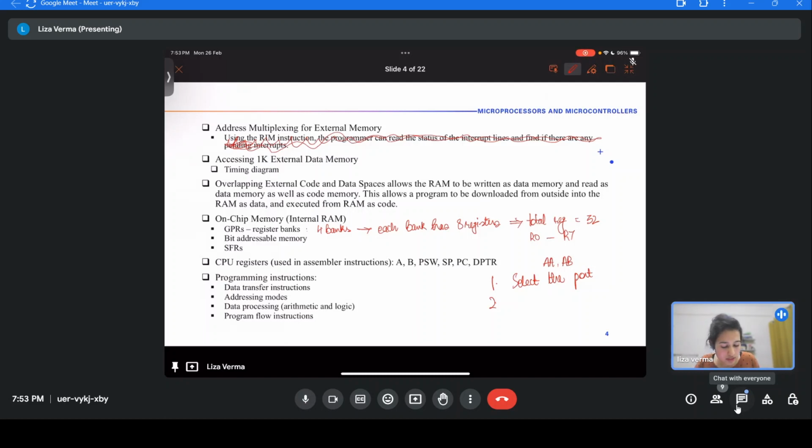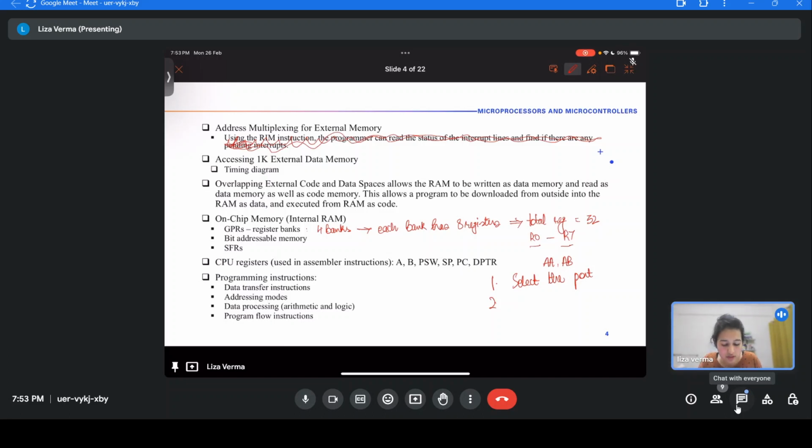So after selecting the port, how many instructions do you require to work with any of the registers? Even once the port is fixed, you are going to work with R0 to R7 of that port only, right?